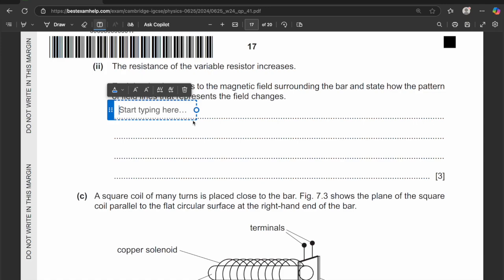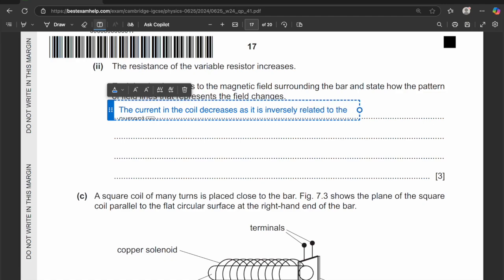So we can write the current in the coil decreases as it is. I wouldn't say it is inversely proportional, it's inversely related to the resistance.